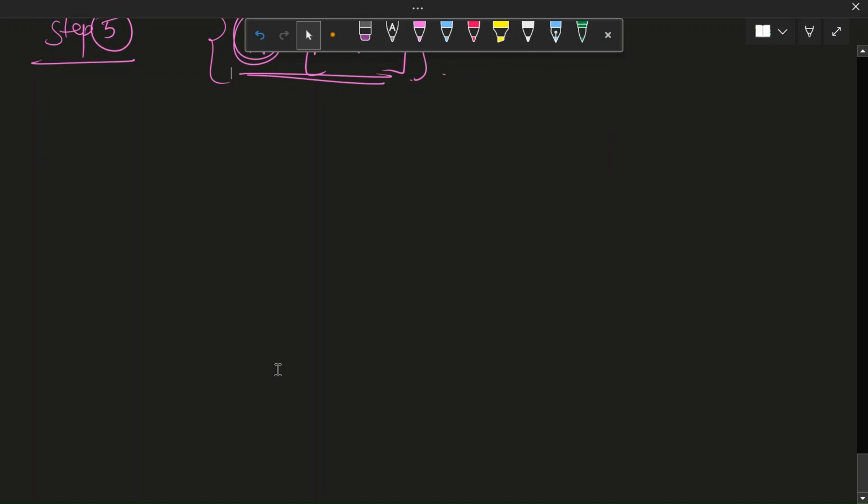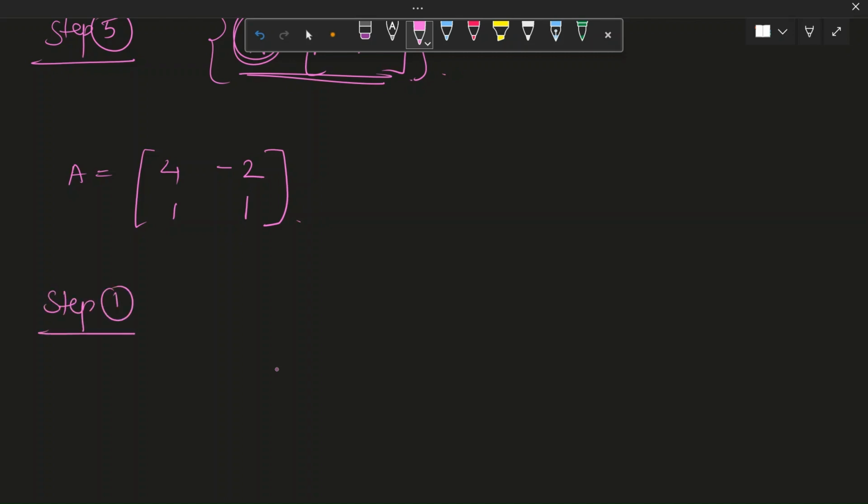So these are the steps that we will follow to diagonalize a matrix. Let's take a simple example of a matrix A that has these components. First step is to find the eigenvalues. We will be solving for the determinant of A minus lambda I equals 0.